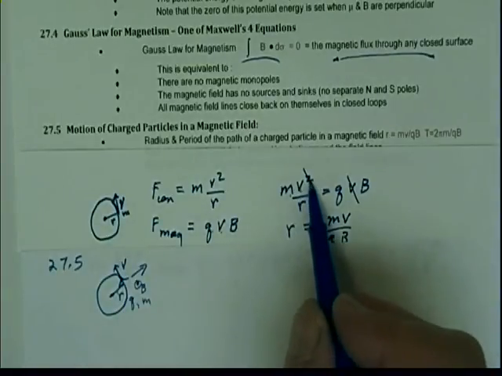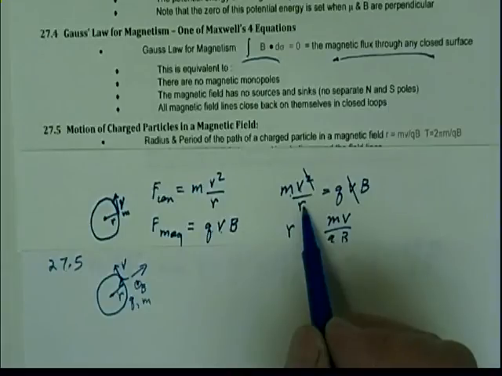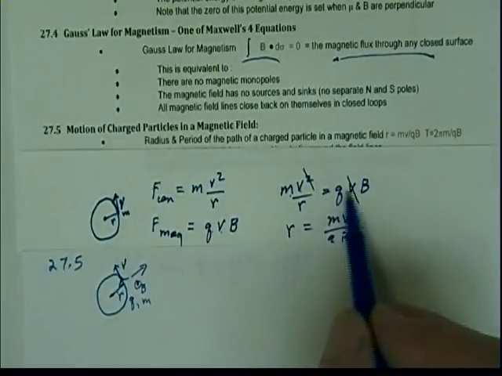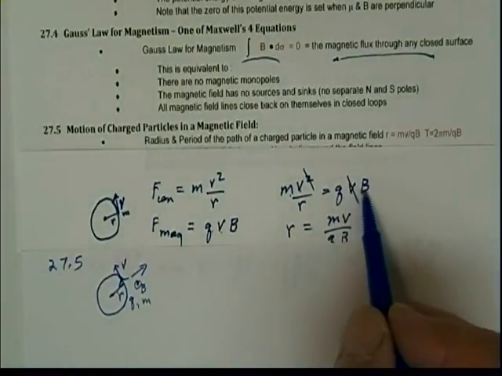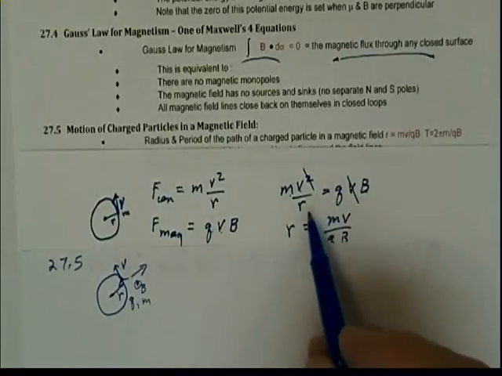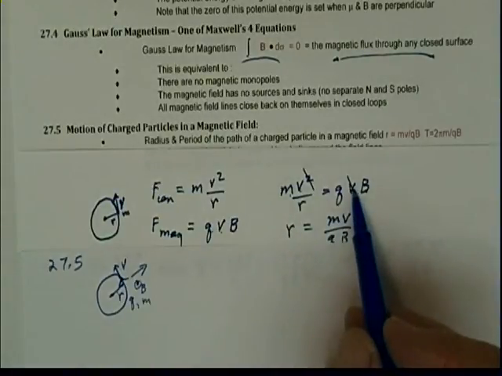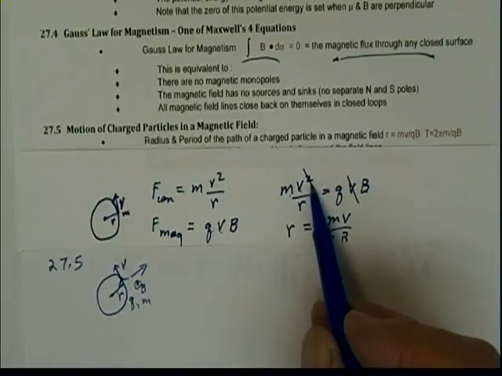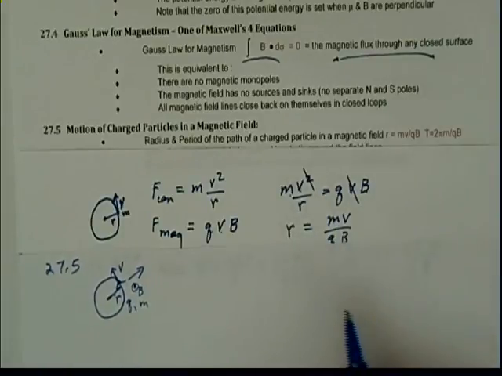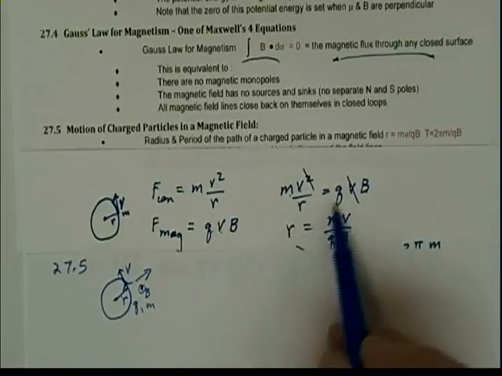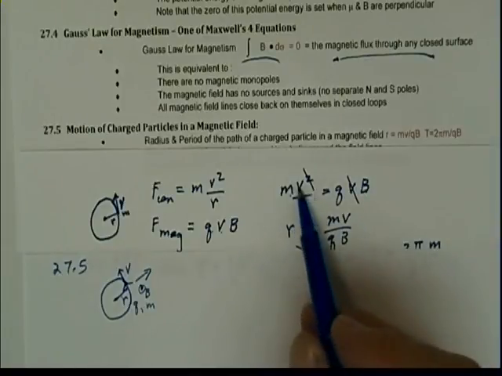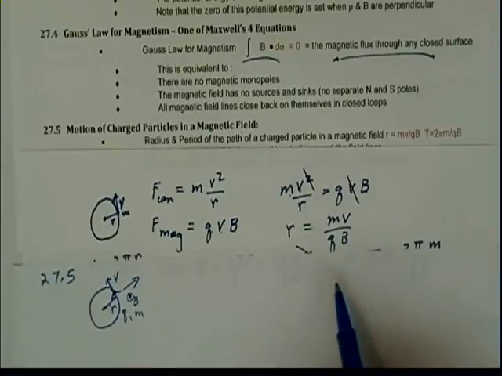Therefore, we can write mv squared over r, that's the centripetal force, equals the magnetic force, qvB. Well, there's a power of the velocity that cancels on both sides, so we've canceled the square here and the velocity here. Then we solve for the radius by taking mv over here and dividing through by qB and putting the r over here.